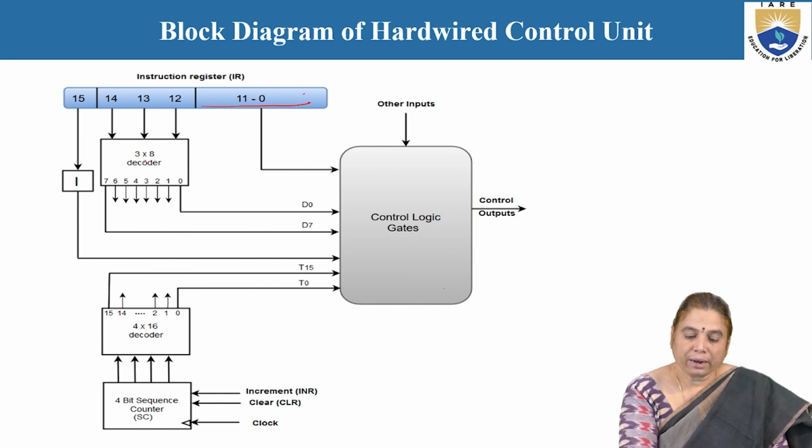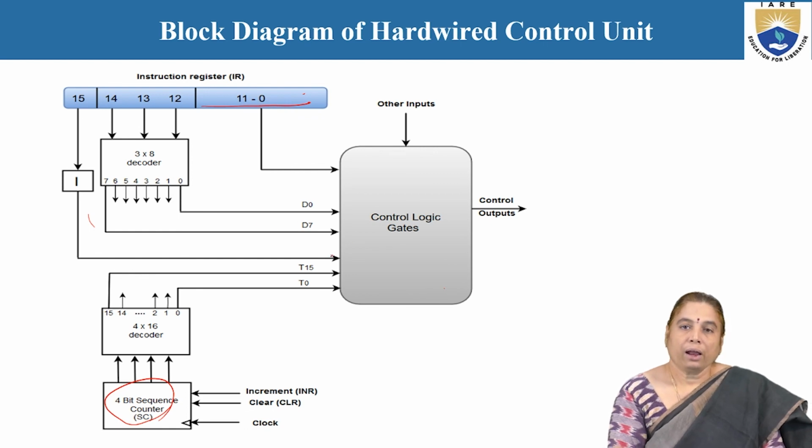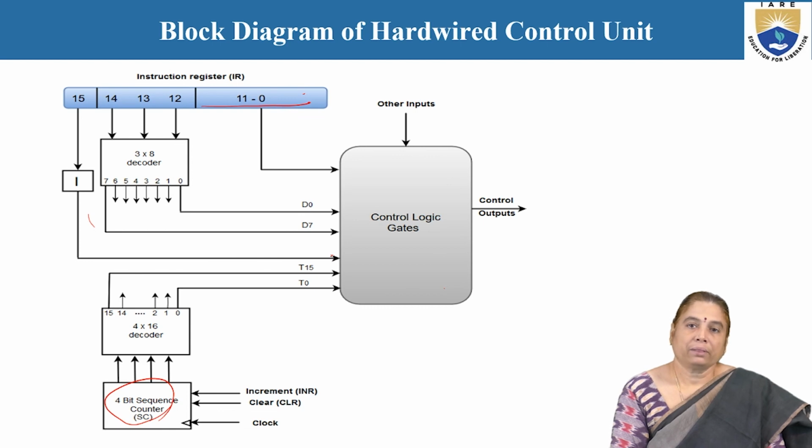It can be connected with a 3x8 decoder for the decoding purpose. The 15th bit specifies the addressing mode and it is connected with the I flip-flop. Here the sequence counter generates the clock signals to decode the instruction and to fetch the operand from the memory depending upon the type of the instruction that is decoded.